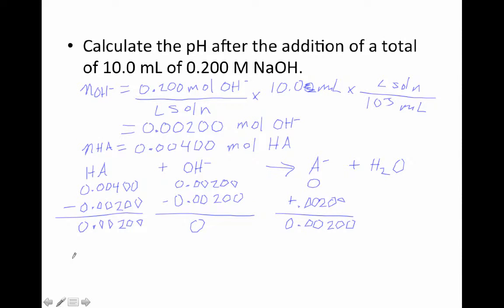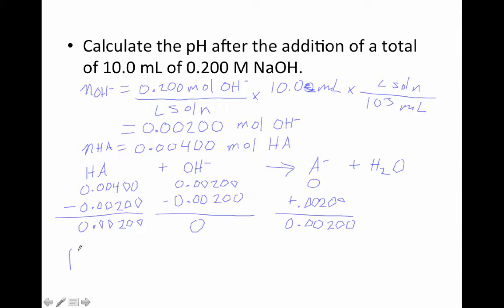So at this point in the titration, when 10 mL of sodium hydroxide have been added, the hydroxide is a limiting reactant, and so we have left in the flask a bunch of unreacted benzoic acid and a bunch of benzoate that has been produced in the reaction. A weak acid and its conjugate base are present in the flask at this point, so we can calculate the pH using the Henderson-Hasselbalch equation.